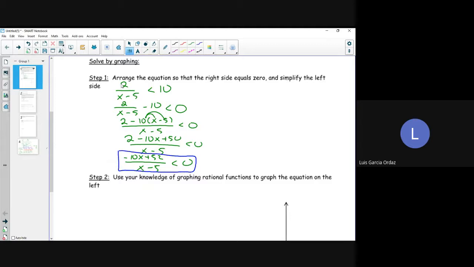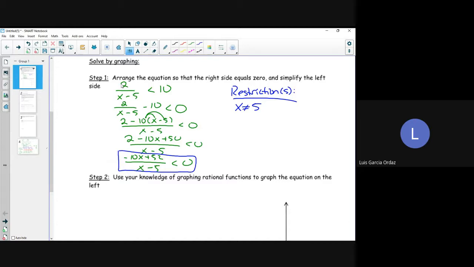But before we continue, what would our restriction be for this inequality? x cannot equal 5, because we never want our denominator to be 0. And when x is 5, that just means it is a vertical asymptote.